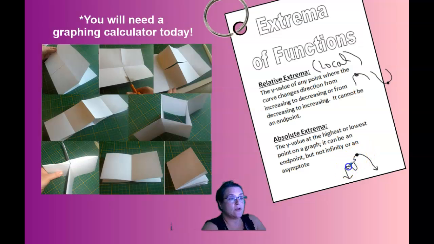This would be local only, right? Not an absolute maximum. And this would be a local or relative minimum. Okay, so again, to be absolute, it has to be the absolute top of the range of the y values that are possible. That makes it an absolute extrema.